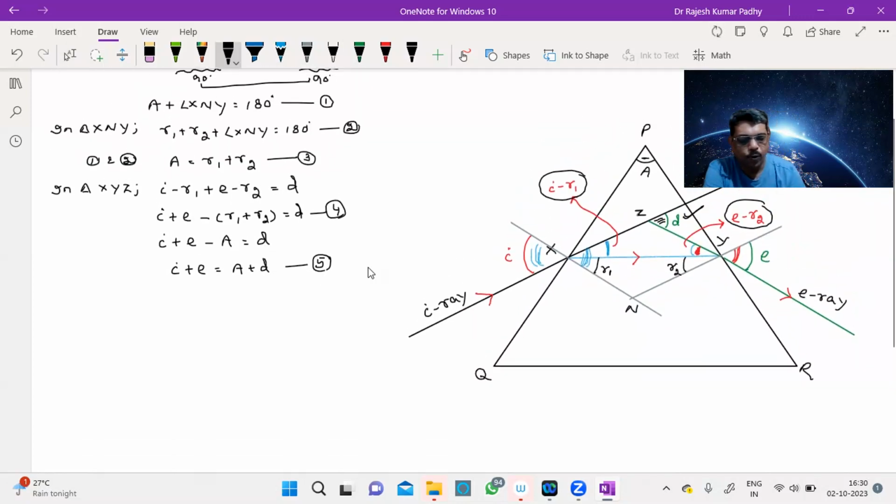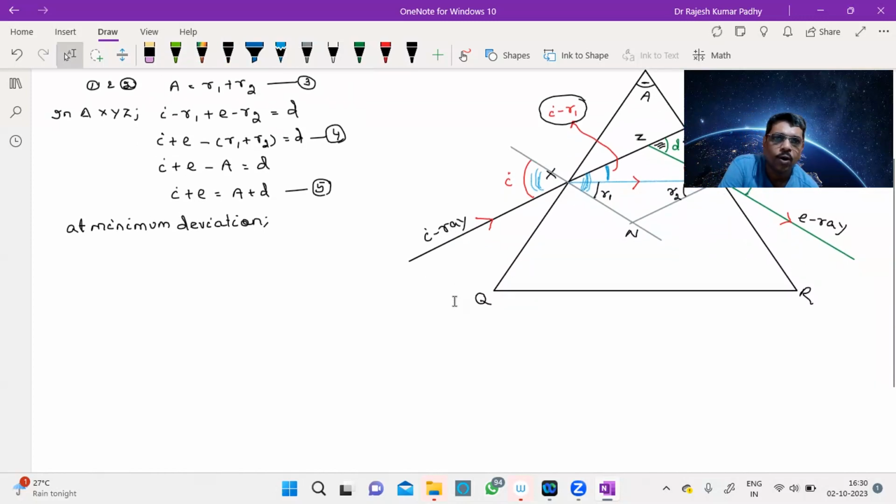Hence, at minimum deviation, when D is small, D is equal to Dm.